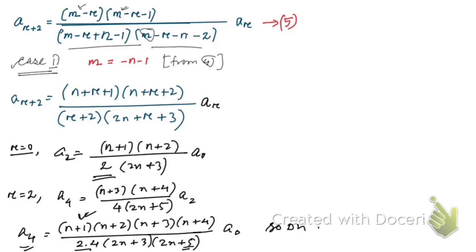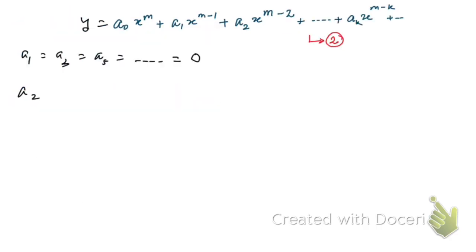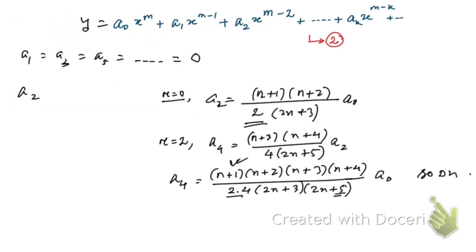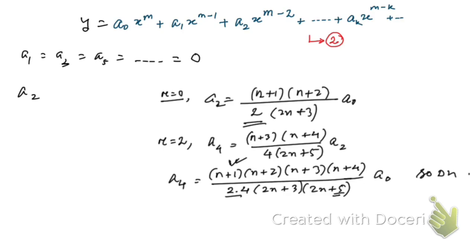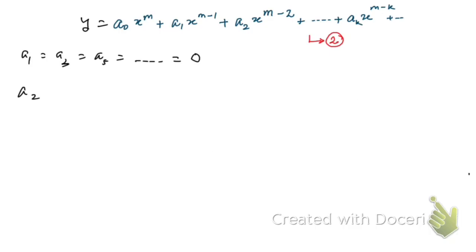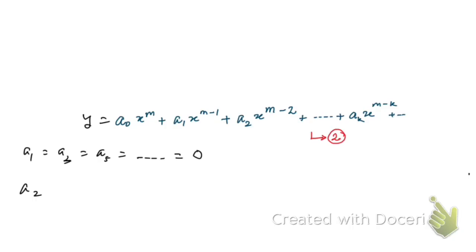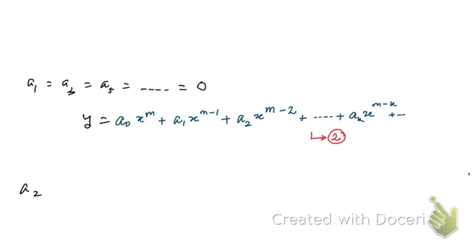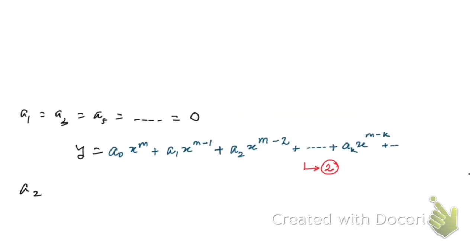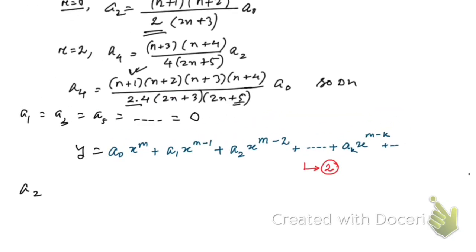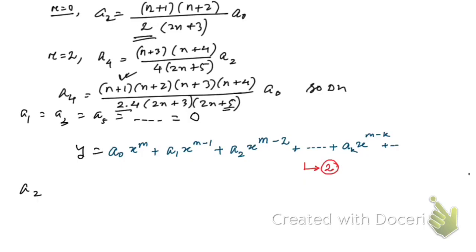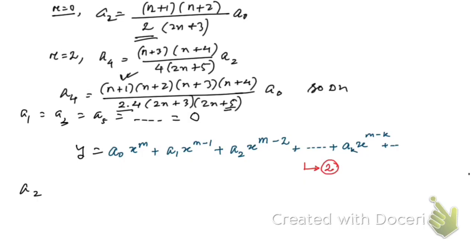So we're going to use these results. Here you see, these are the values of a2, a4 and so on, right?